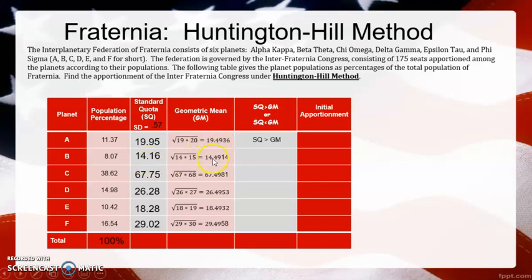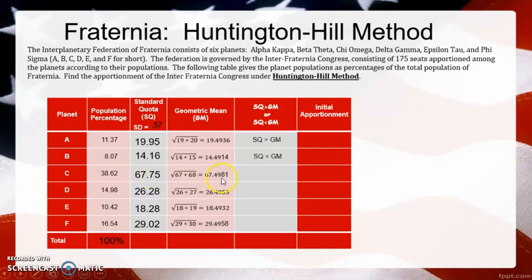For B, the 14s are the same, but 1 is less than 4. So 1 is less than 4 means the standard quota is less than the geometric mean. The 67s are the same, but 7 is greater than 4.